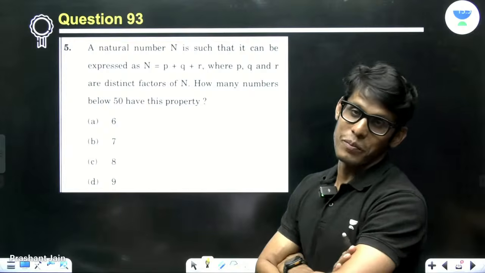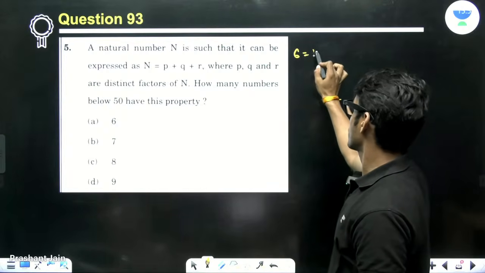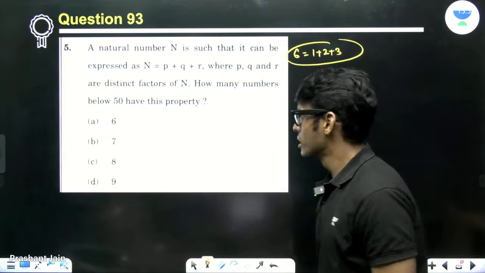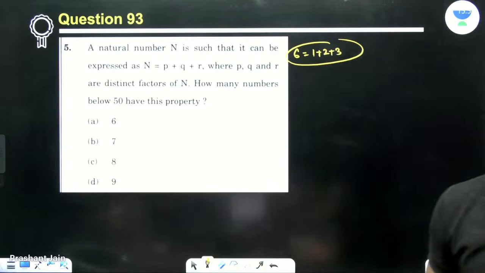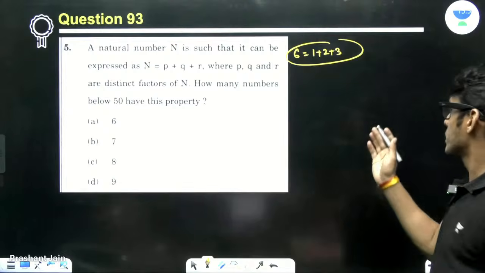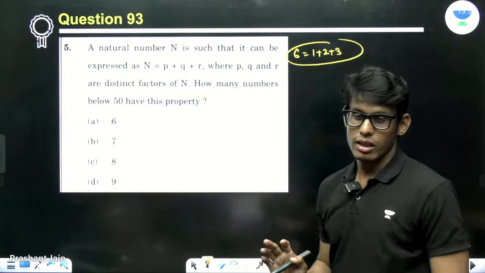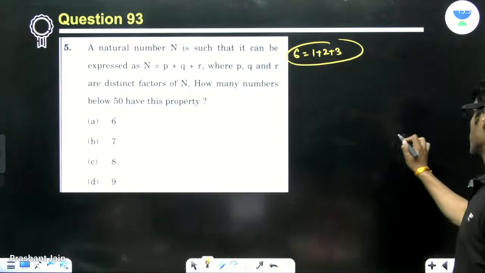For example, 6 is equal to 1 plus 2 plus 3, but it is highly undoable, because it is saying sum of three distinct factors. So we will skip.